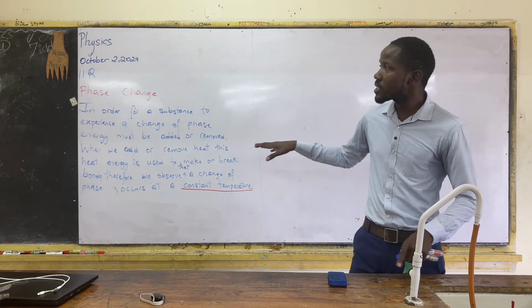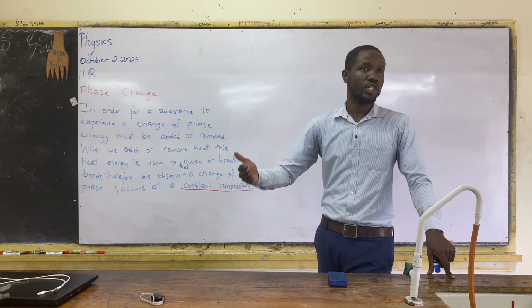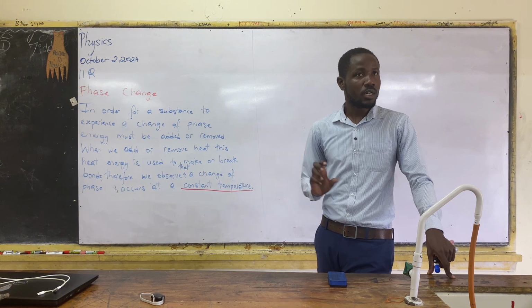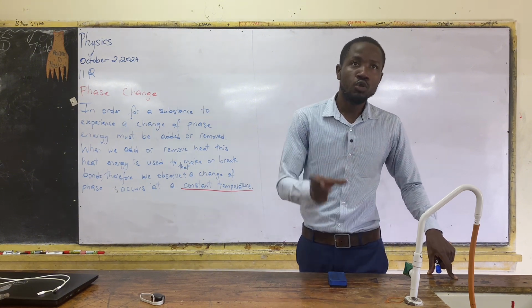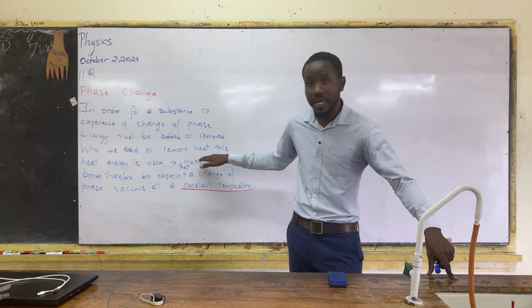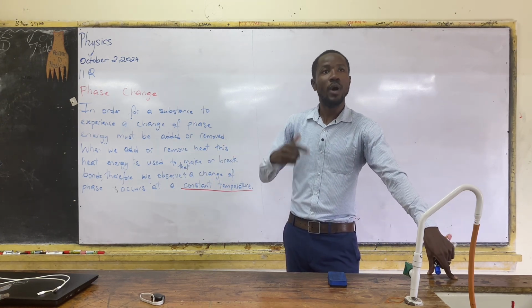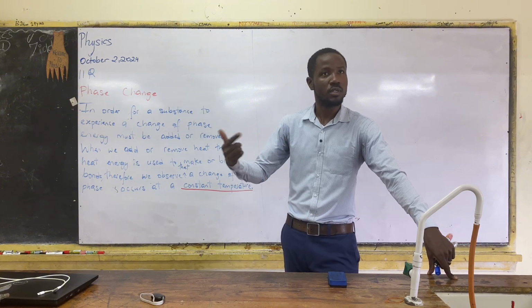But in this case, because the substance is going through a change of phase, we don't observe a change in temperature, because the heat energy is not used to raise or lower the temperature. It is used to make or break bonds. So the temperature remains constant while the substance is going through a change of phase.